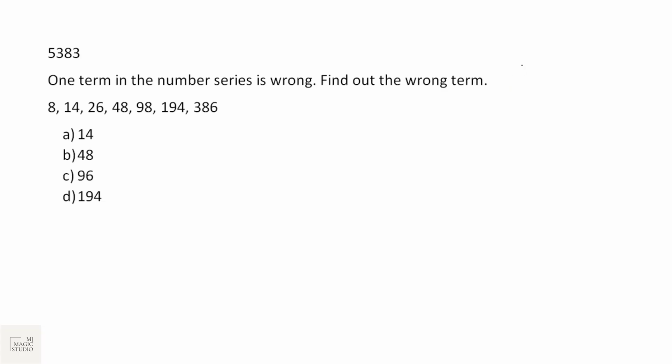Okay, so the next set of few questions are from classification, or finding the odd one out, or finding out the wrong term in the given series. So as we have a look, 8, 14, 26. As I'm writing the number, I can get the feel that they are doubling up.